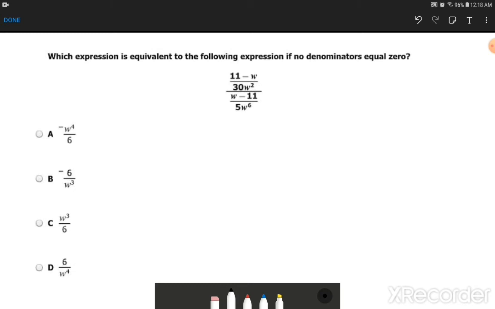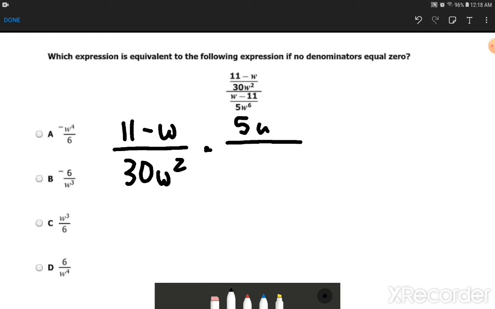So I'm going to manipulate this into multiplication, like this. We can see we have a couple things that cancel out. We can take out w squared, and this would become w to the 4th.